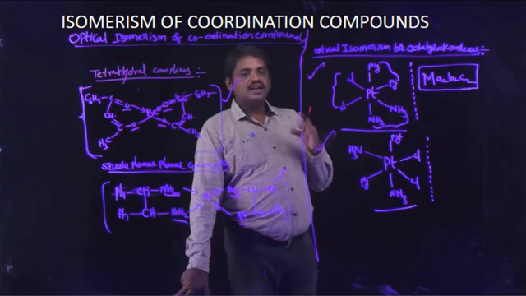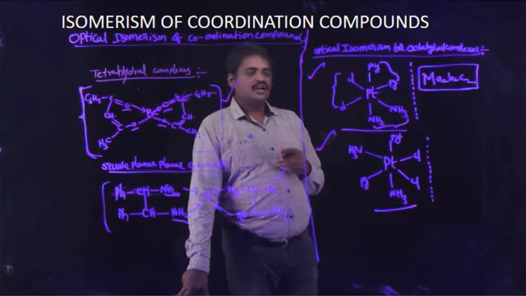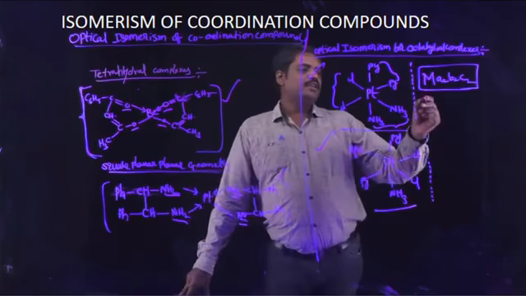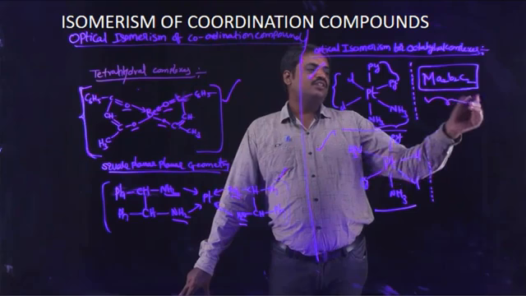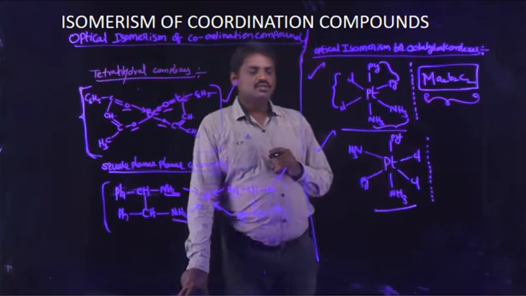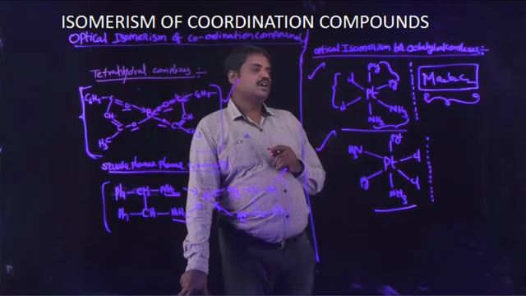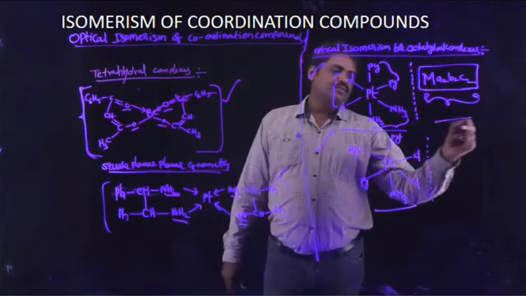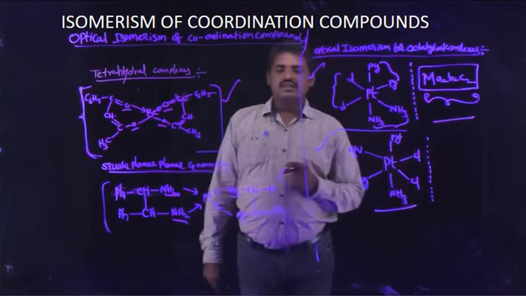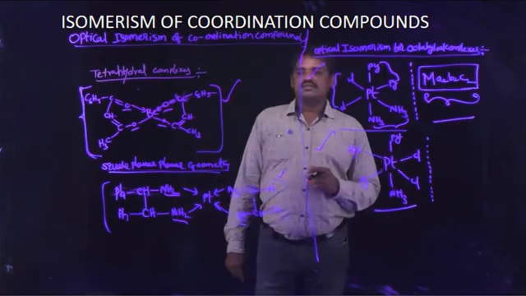Okay, octahedral complexes show optical isomerism. Most probably the octahedral coordination compound with general formula similar to Ma2B2C2 easily exhibits optical isomerism, and otherwise most probably do not exhibit optical isomerism.